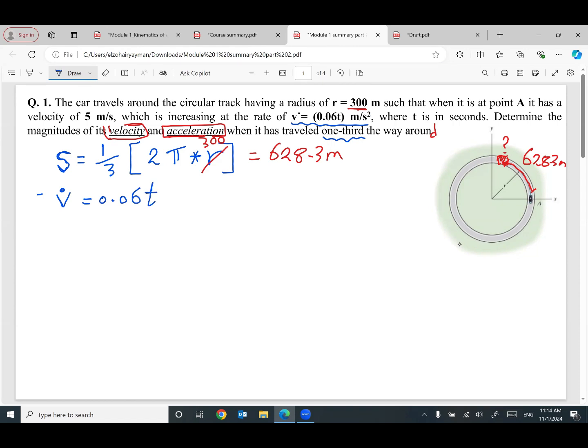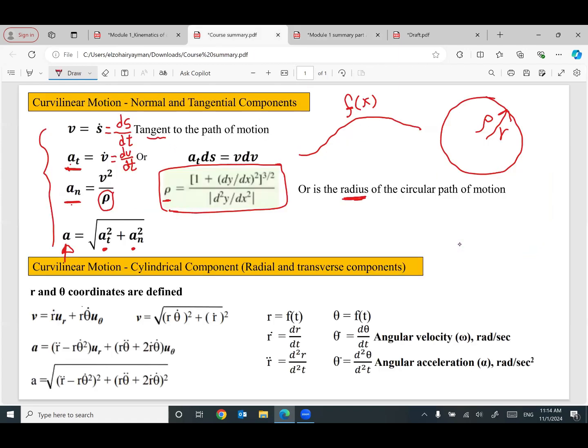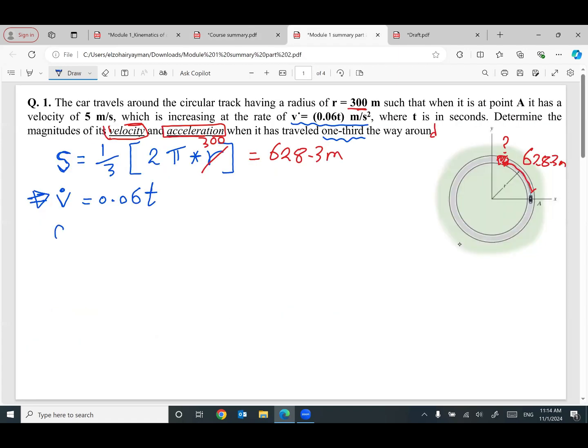What is the meaning of v dot? If you go back to the summary of this part of the chapter, v dot represented the tangent acceleration. So your tangent acceleration equals v dot equals 0.06 t.